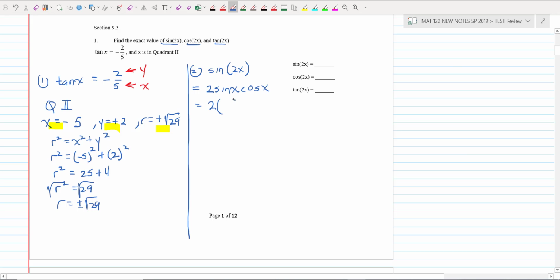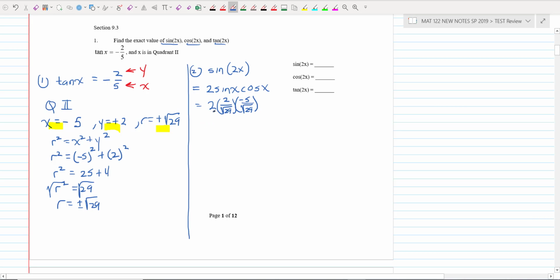We know the sine is y over r. So we just take 2 over the square root of 29. And then we know the cosine is x over r. So that would be negative 5 over the square root of 29. Then we just need to multiply this out, and then we got it.